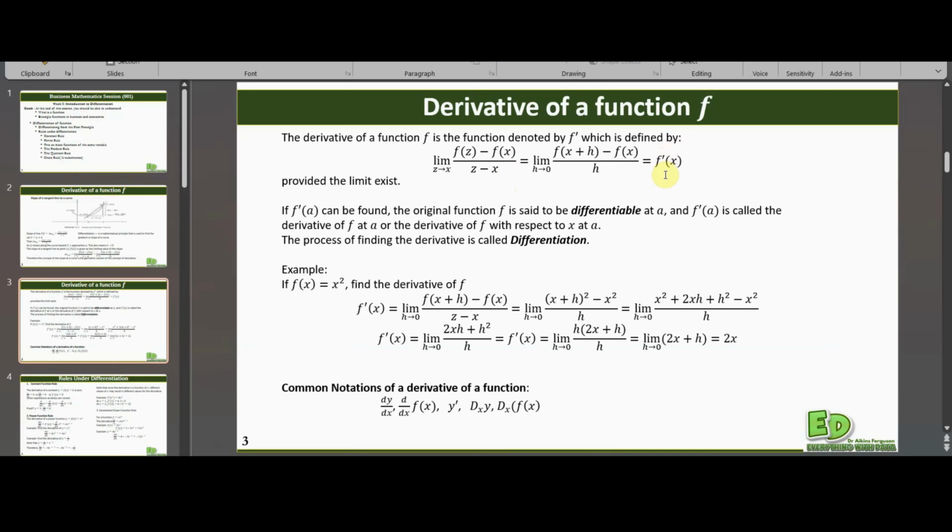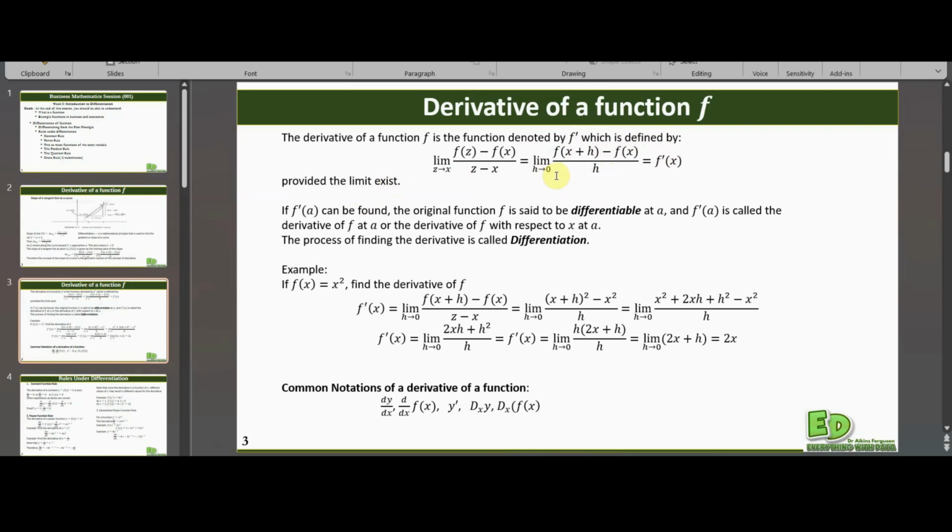So the final formula for differentiation from first principle, or finding the derivative of a function using the first principle, is that f prime of x, simply telling you that we are differentiating, is equal to the limit as h approaches 0 of f of x plus h minus f of x all over h, which is your horizontal distance, provided the limit exists, right?